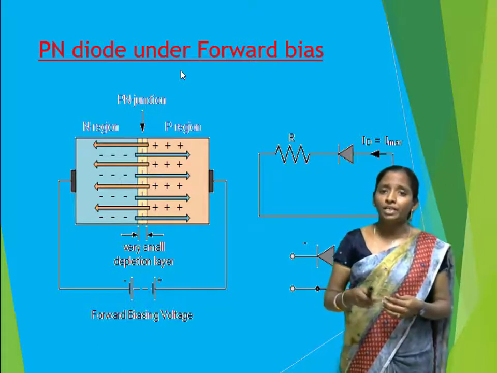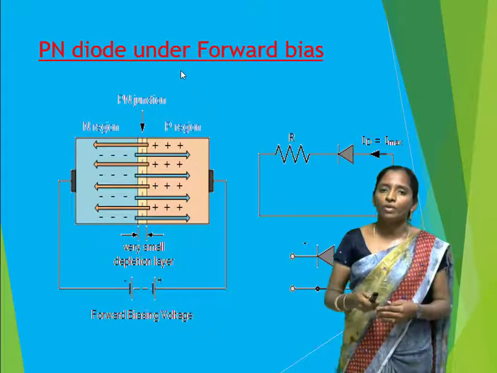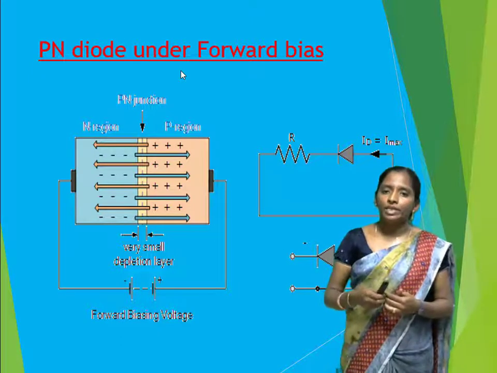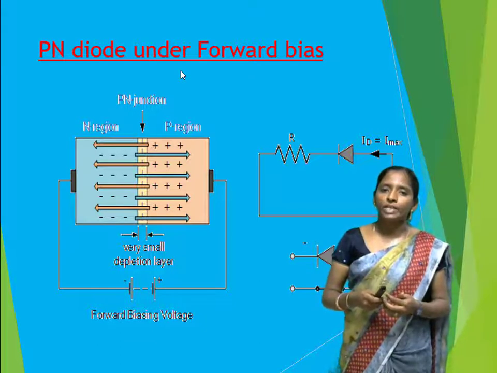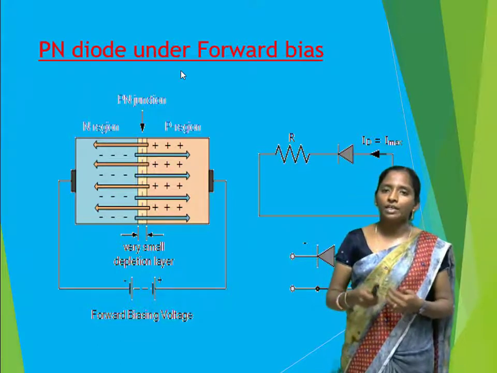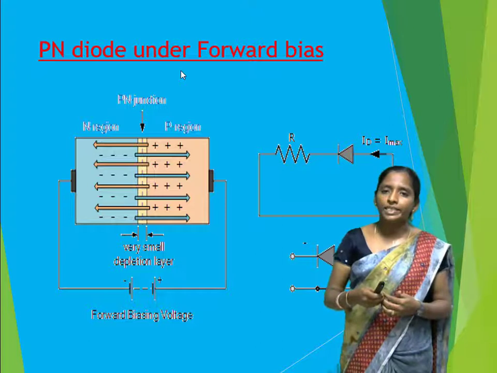If you increase the applied forward voltage, the depletion region width decreases. The cut-in voltage is 0.7 volts for silicon and 0.3 volts for germanium. After reaching the cut-in voltage, the depletion region totally disappears.